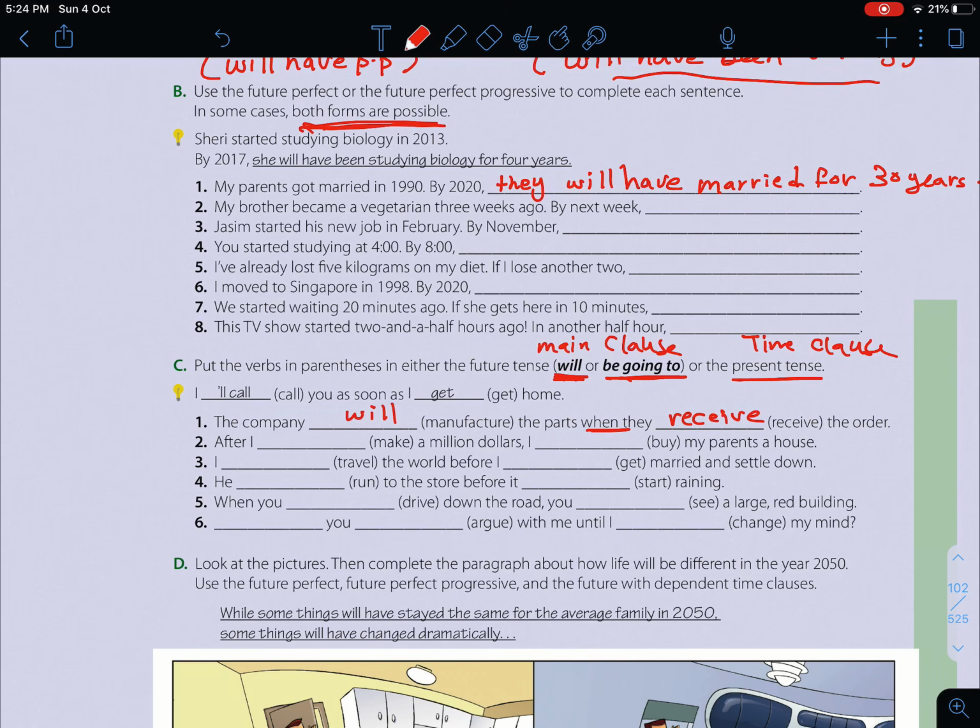Okay, now after I make $1 million, I buy my parents a house. So here after I, okay, طبعا هنا present لأنها time clause. هنا will buy or ممكن هنا أفضل إني أقول going to.